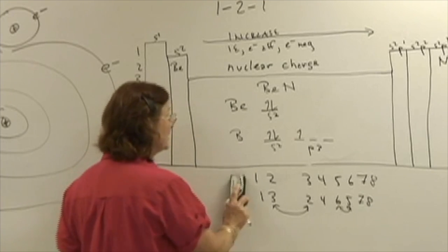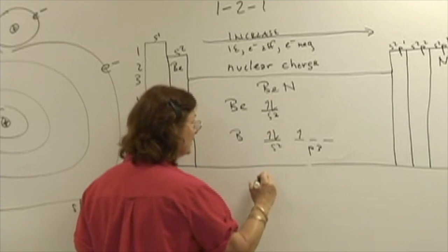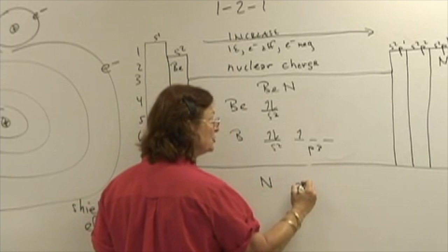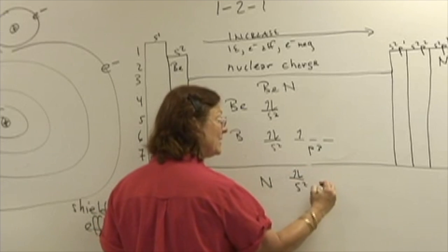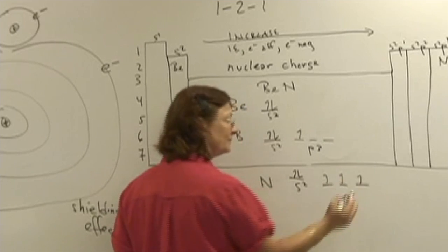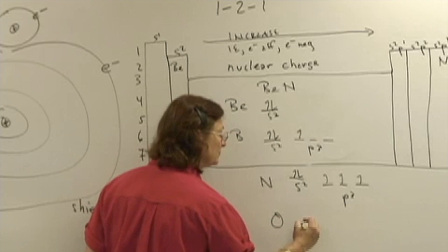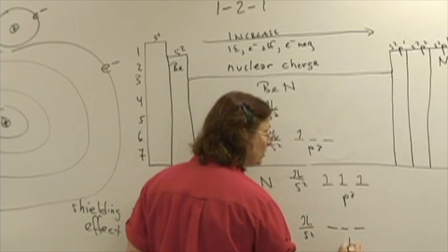Then the next exception is for nitrogen. Well, nitrogen has a configuration of s2 p3, and oxygen is s2 p4.